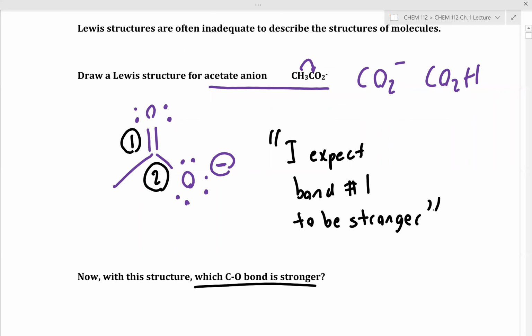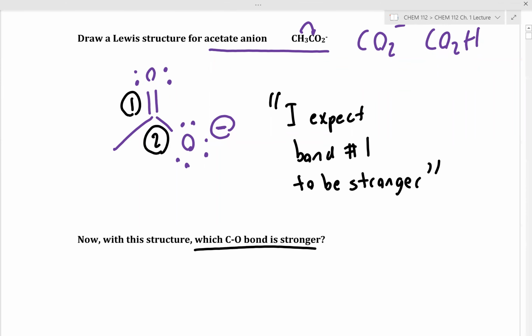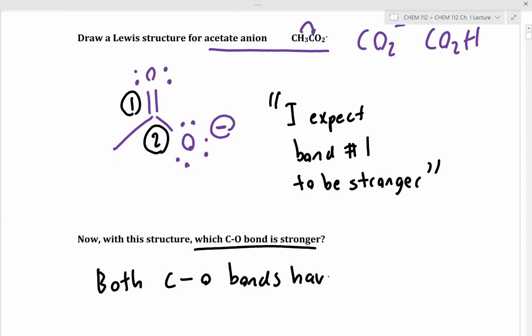However, in reality, if we account for resonance effects, what we actually observe, if we look at the structure of acetate, is that both carbon-oxygen bonds have the same length and strength.